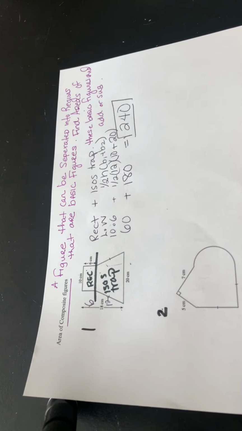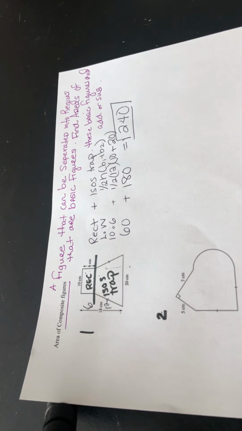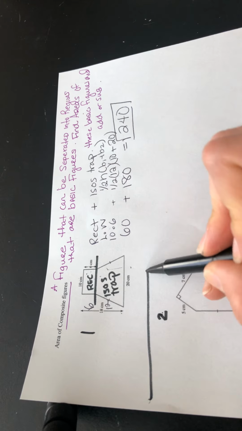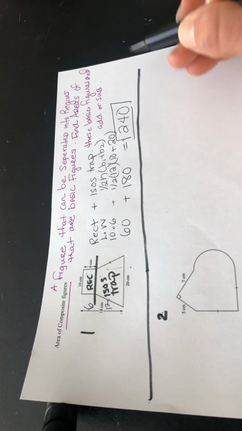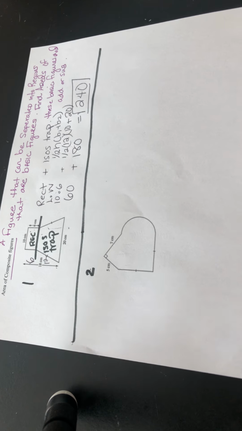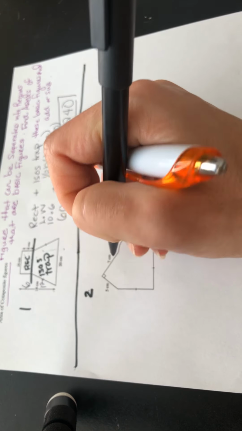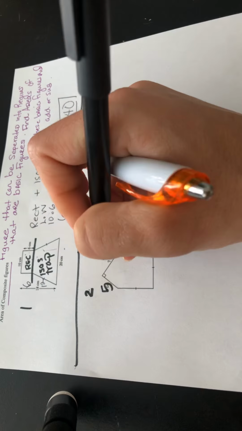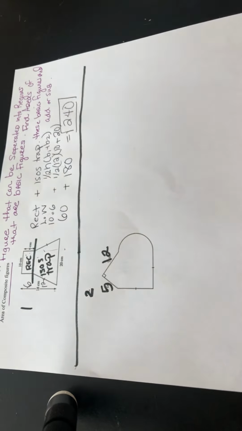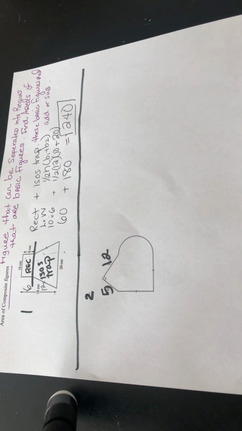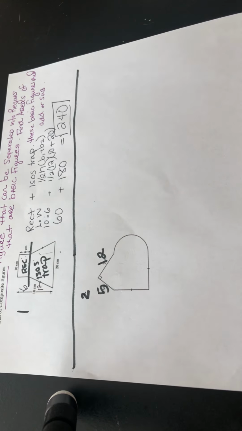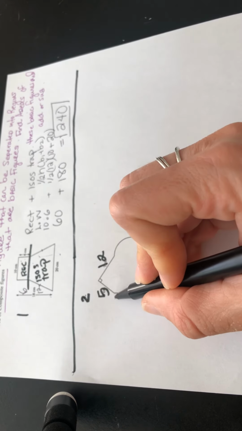Okay? Second question. Actually, before we continue, I want you to change this. So I'm going to make this a little bigger. That's going to be 5. Change this to 12. Otherwise, you guys just get some ugly numbers, and we don't need to do that. I'm going to put a line here. So I'm going to say I have a right triangle, and I want to emphasize right triangle to make our life easier.